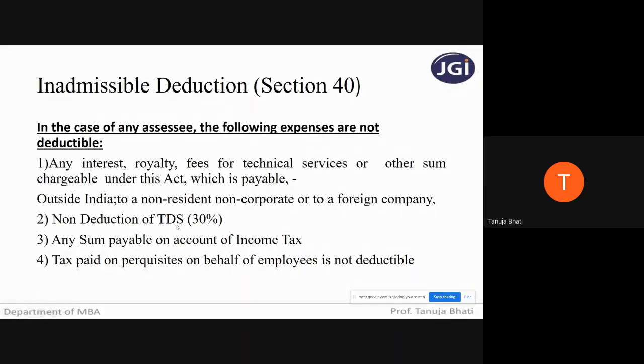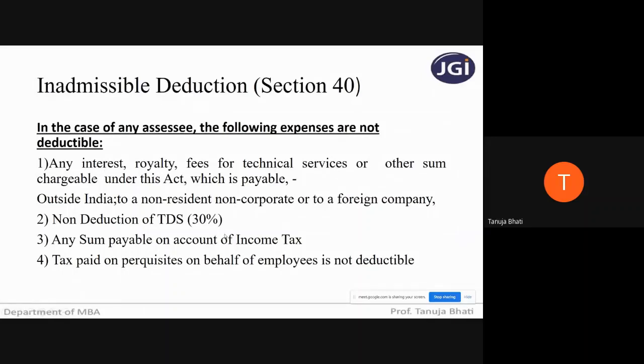Only if TDS is not deducted, then only that particular expense on which TDS is not deducted has to be disallowed. Next, when interest, royalty, fees or fees for technical services are paid to a person outside India, to a non-resident, to a non-corporate, to a foreign company on which TDS is not deducted, or the SSE has deducted the TDS but has not paid it to the government on or before the due date, then such expense is disallowed.